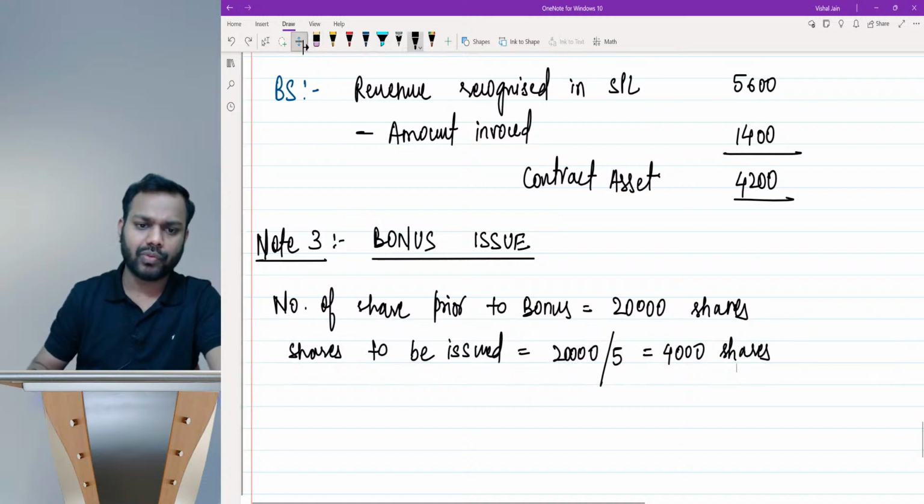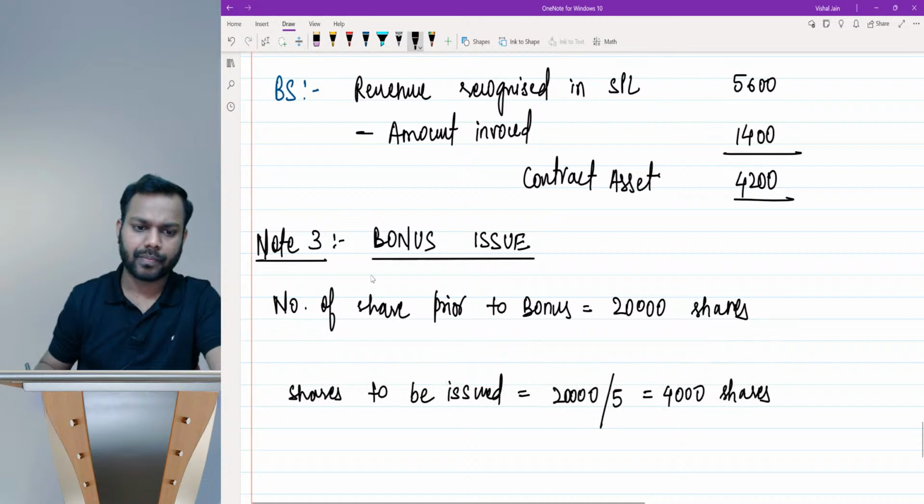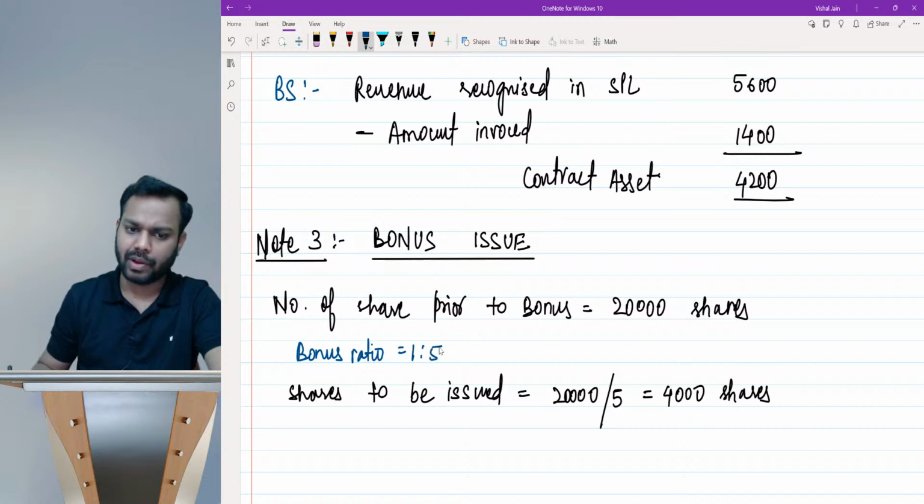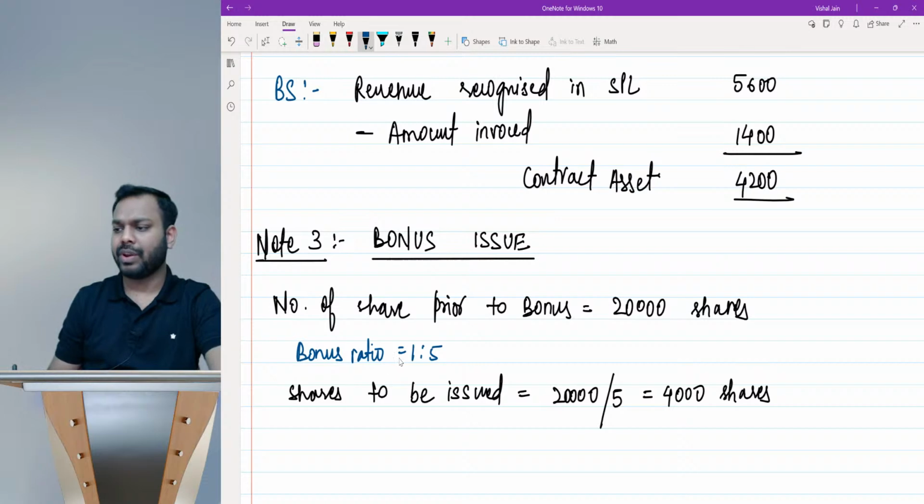The bonus ratio is 1:5, right? That is 1 share for every 5 shares held. So 4,000 shares.